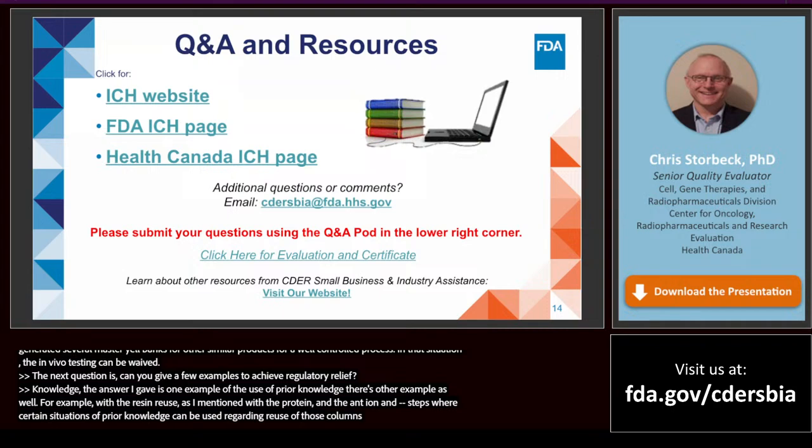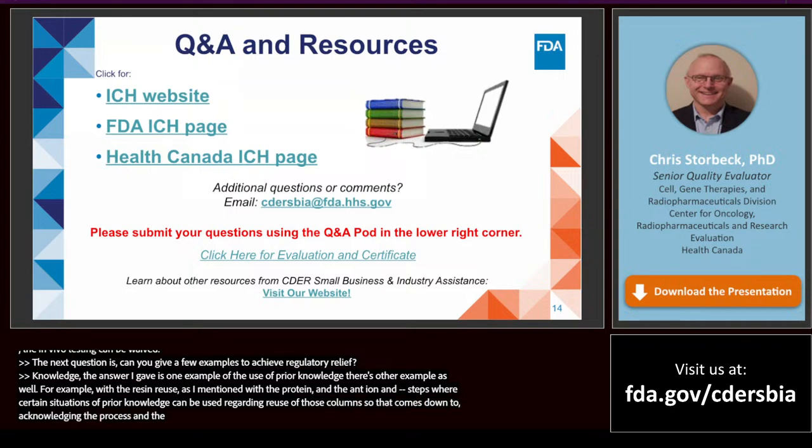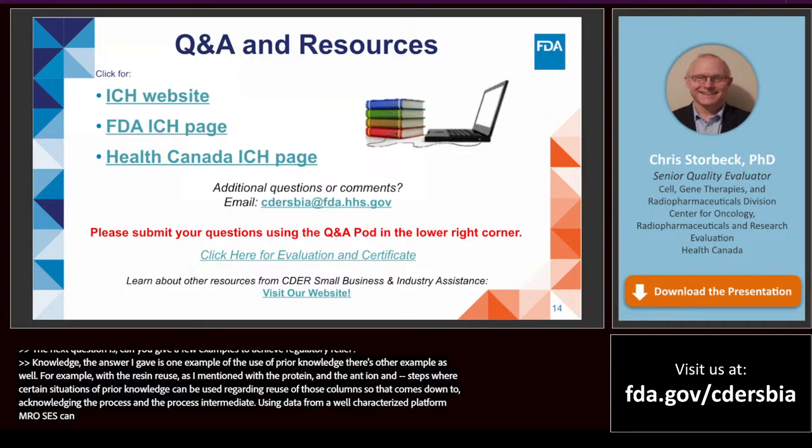And that comes down to a knowledge of the process, knowledge of the process intermediates. Also, leveraging virus clearance studies for a new product, using data from a well-characterized platform process, can be acceptable. So for certain virus clearance steps, such as low pH, detergent solvent inactivation, and virus filtration.